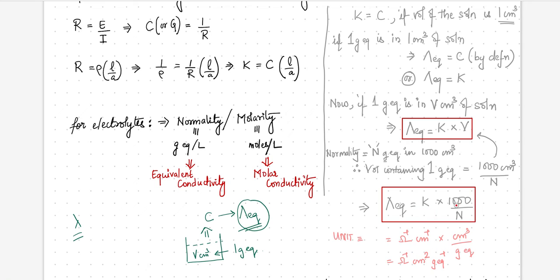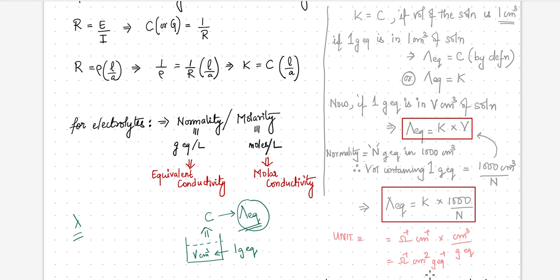And 1000 is centimeter cube, divided by n in gram equivalent. So accordingly, the centimeter inverse and centimeter cube together give per ohm centimeter square per gram equivalent. This is the unit of lambda EQ.